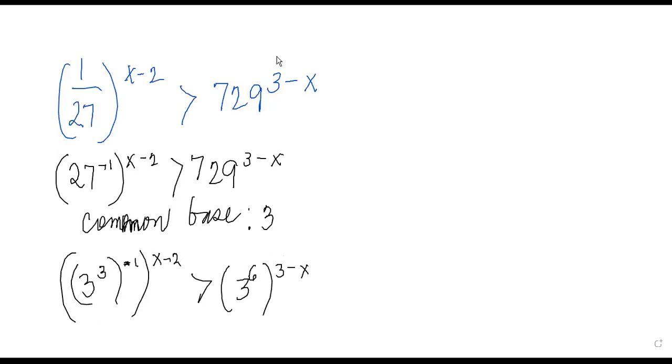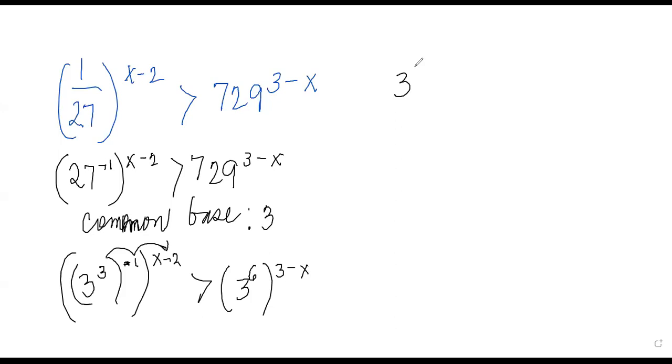Now, use or apply laws of exponent if possible. So, pwede nga. Pag multiply natin tong tatlo, we have 3 raised to 3 times negative 1, that's negative 3, times x minus 2.